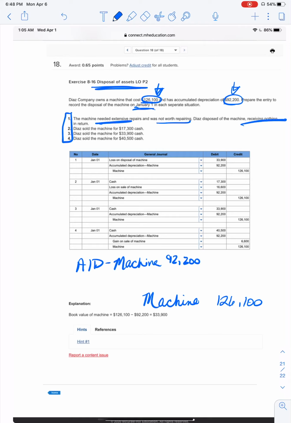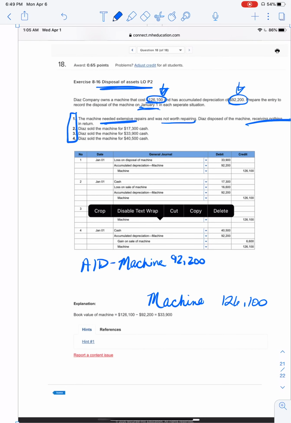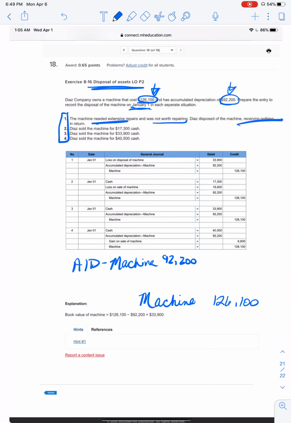So I see originally I've got a debit to accumulated depreciation for that machine because, as we've said in this video, accumulated depreciation is a contra asset. Contra assets increase with a credit. So if I'm selling this asset, I need to remove not only the asset, but also the contra asset.